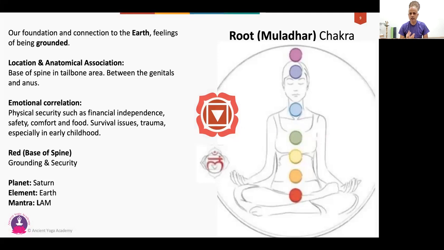So a person's stability, security, and grounded feeling can be understood by the root. And Adhar is stability, so you are giving a support. So basically, this is a very, very important chakra, the Muladhara chakra.